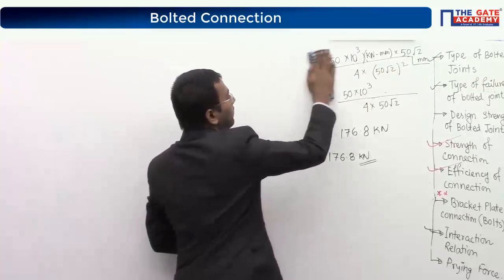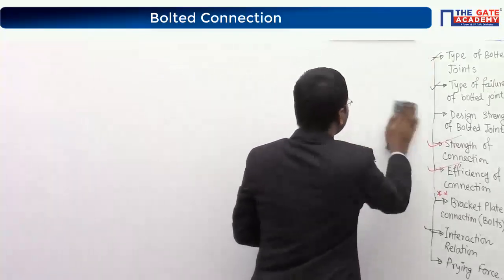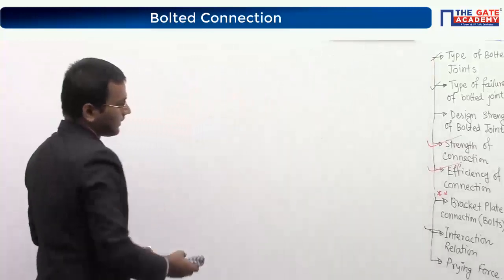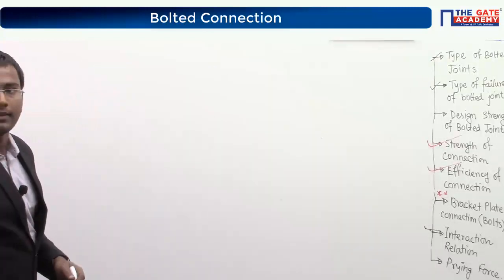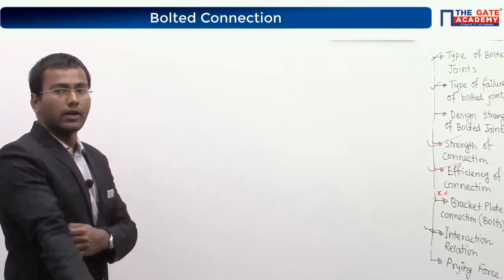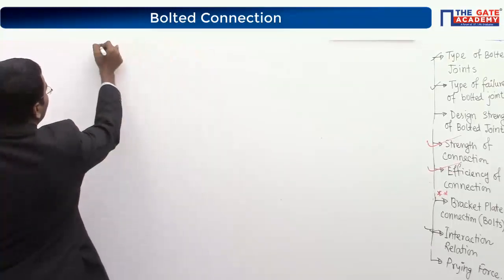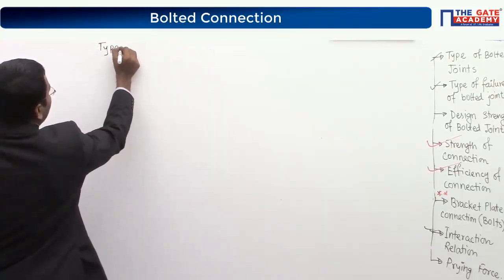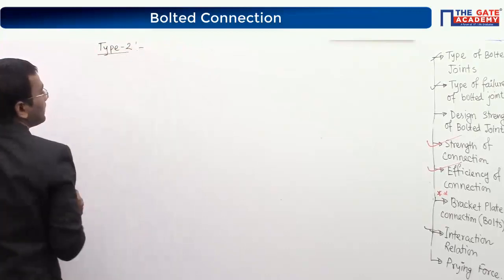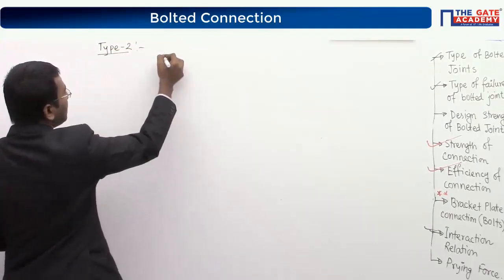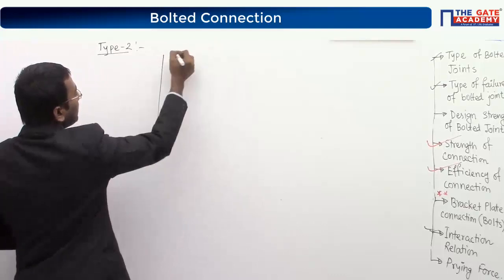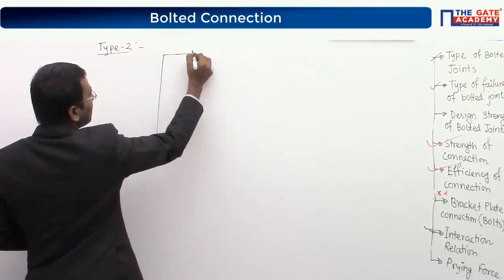Now what is interaction relation and why is it important? For that you have to understand the concept of type 2 diagram. Remember, I have given one type of diagram, type 2, for bracket plates.